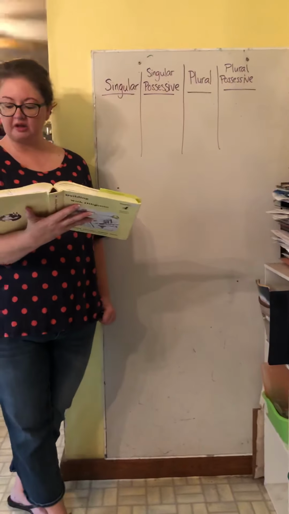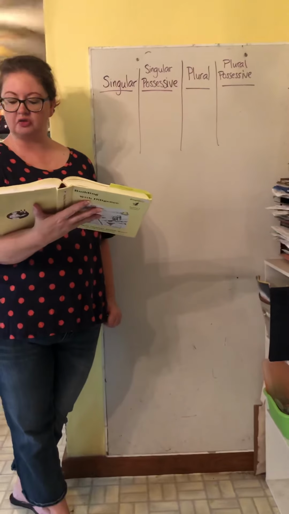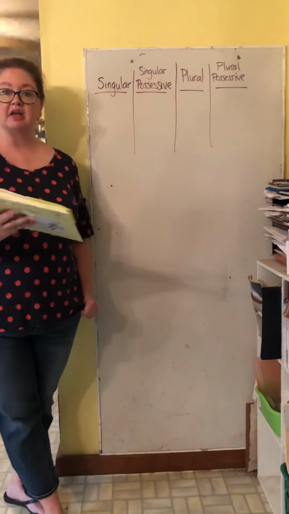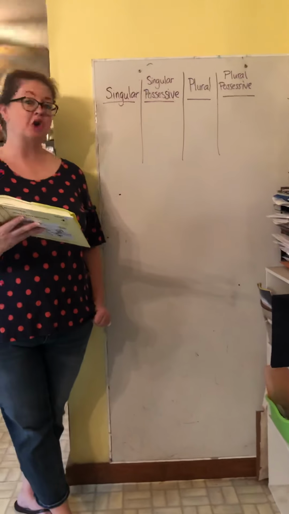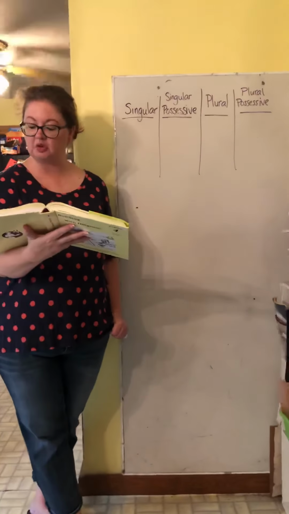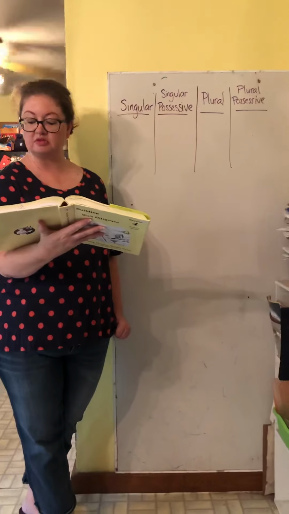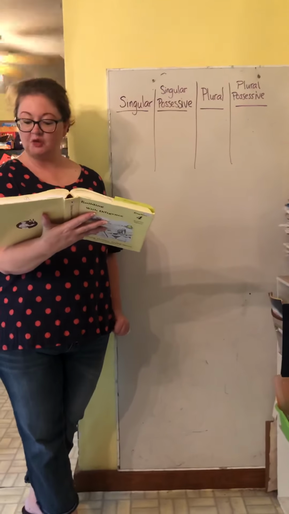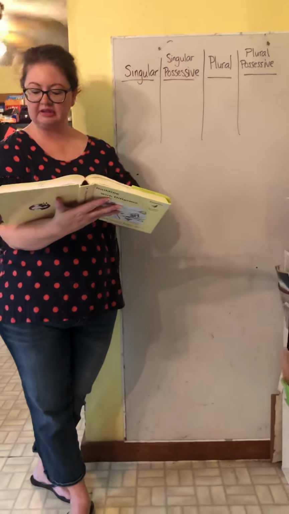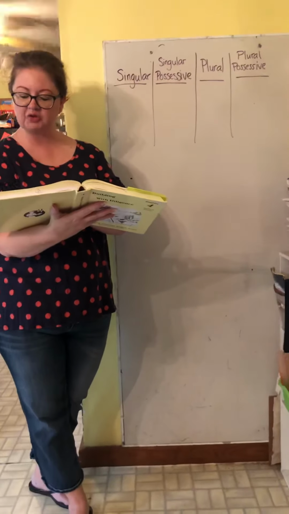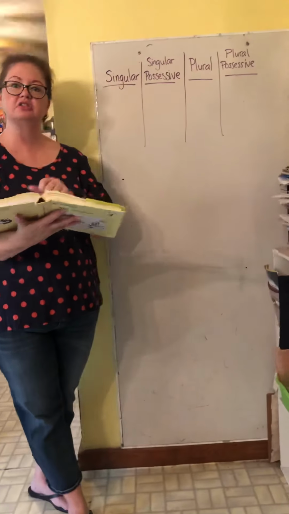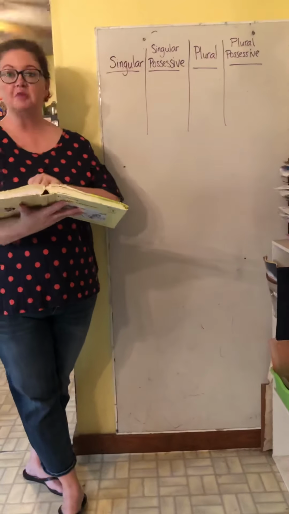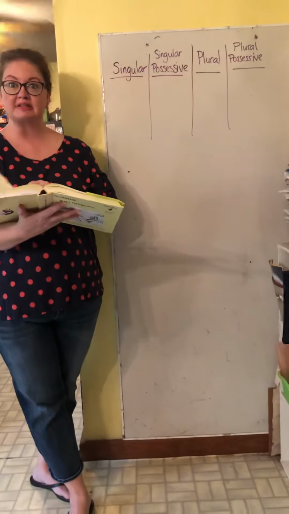Joel hit the ball that belongs to John over the wall. Instead of saying all those words, we could say Joel hit John's ball over the wall. And then the last sentence, Father backed over the bicycle that belongs to Susie. Father backed over Susie's bicycle.